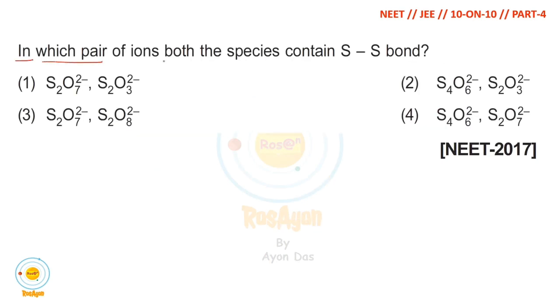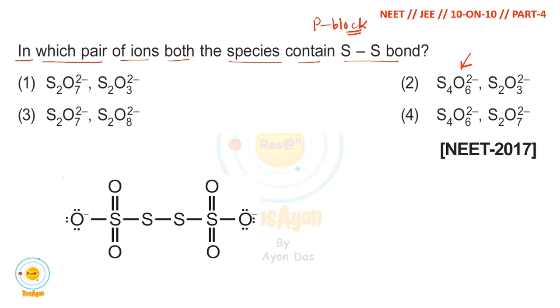In which pair of ions do both the species contain an S-S bond? This question comes from the p block elements. If you see the structure of S4O6 minus 2, that is the structure of S4O6 minus 2.